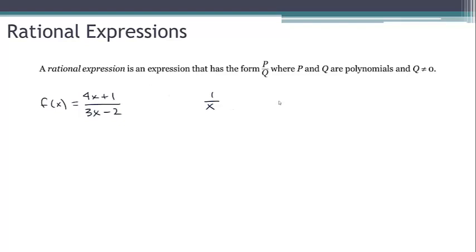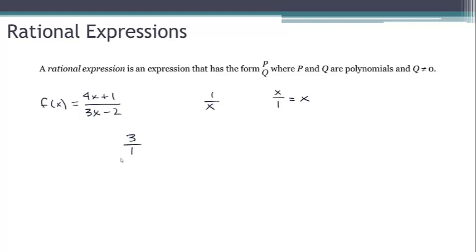Also, we can flip this over. We can do something like x over 1, which is just x. Okay, that is also a rational expression. You kind of see a similar behavior here to what we see between the integers and the rational numbers. Every polynomial is also a rational expression, just like we can think of the integer 3 as a fraction by putting it over 1.